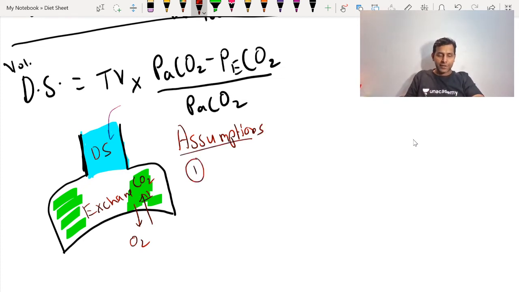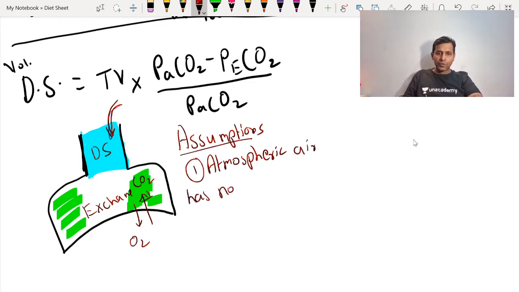The first assumption is that the atmospheric air we breathe in has no carbon dioxide. So whatever air you take has oxygen and nitrogen only. So the dead space air, which we are breathing for the first time, has no carbon dioxide. Remember, PaCO2 is arterial carbon dioxide partial pressure, PeCO2 is expiratory carbon dioxide partial pressure, and they are divided by again the arterial carbon dioxide pressure.